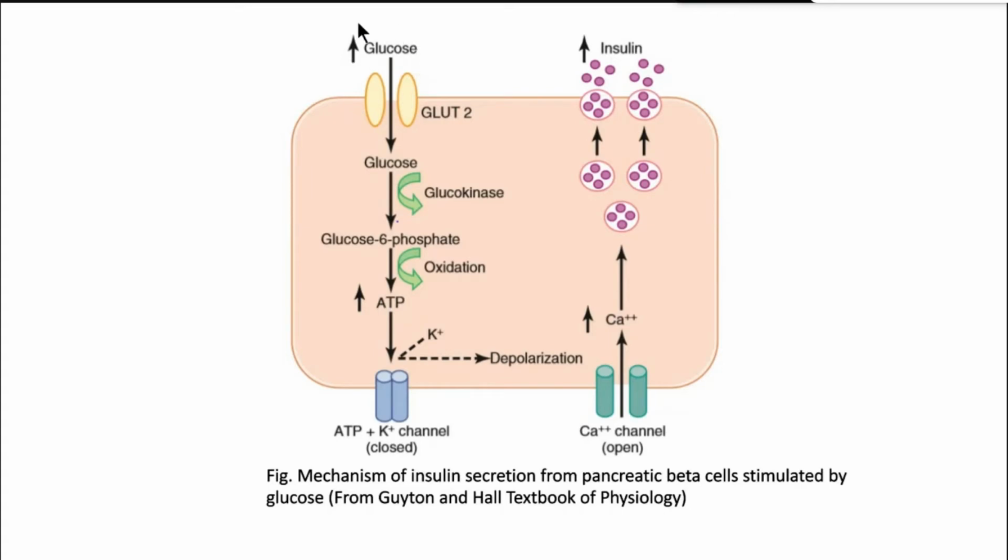Whenever there is an increase in glucose concentration, there will be more entry into the cell. And finally, as Sudeep has nicely explained, there will be secretion of insulin. And here, remember these two, and never forget these two: increase in glucose concentration, increase in insulin secretion.